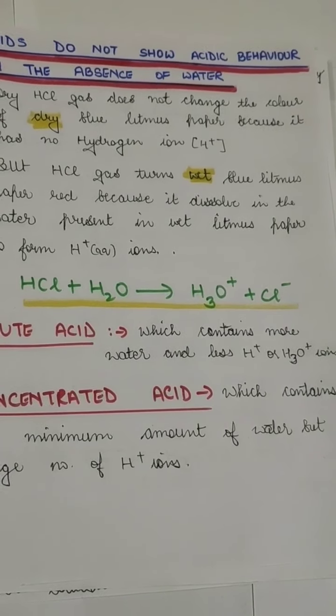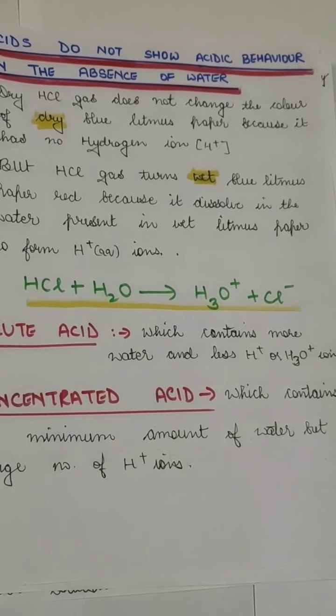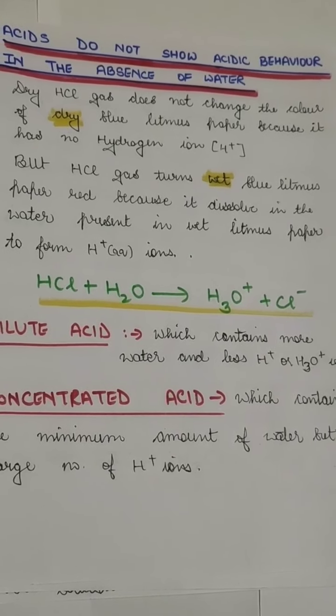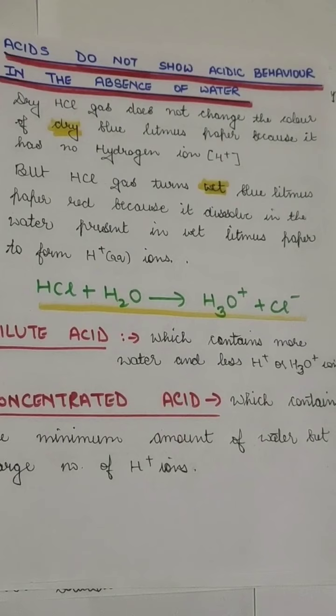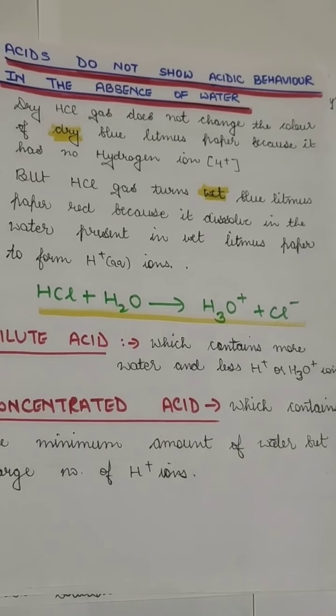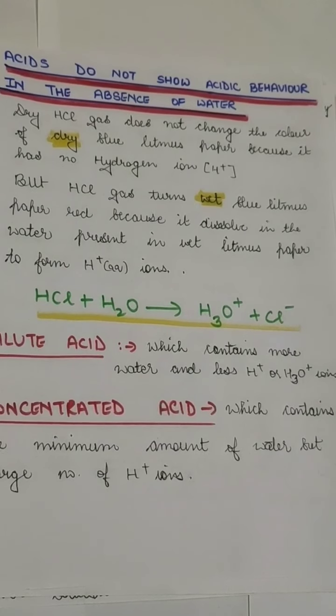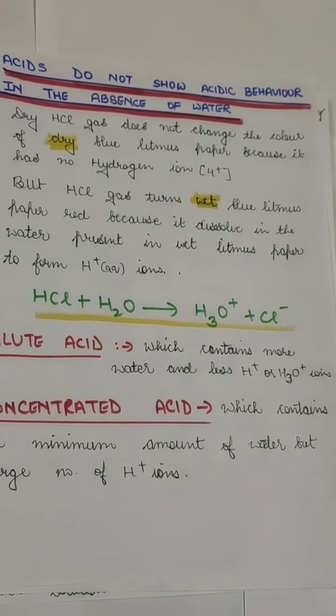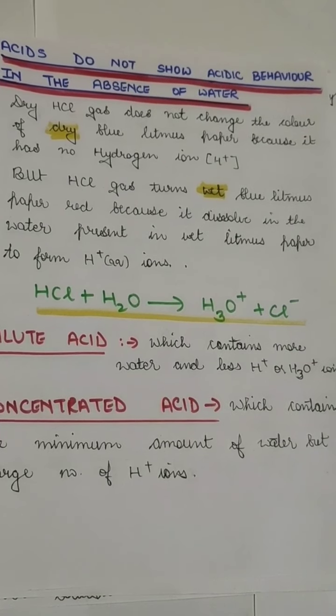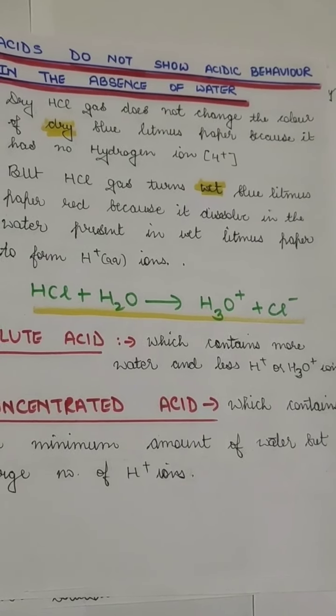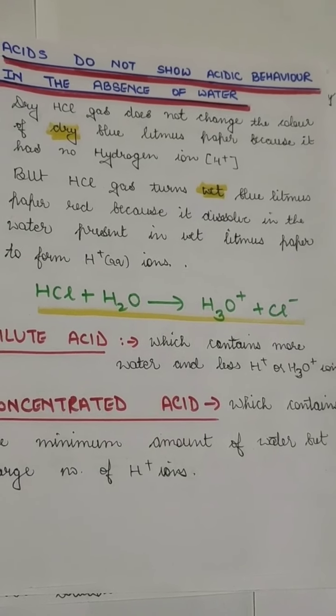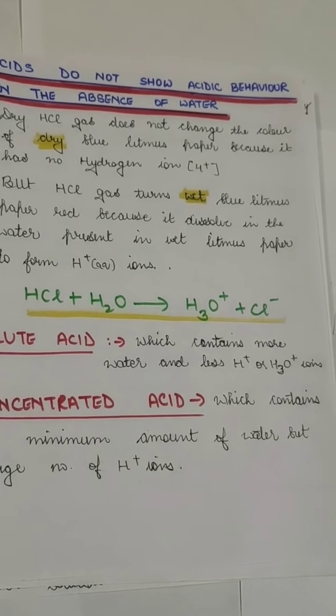First of all, the gas which comes out will be HCl gas, because when we react sodium chloride with sulfuric acid, it produces hydrogen chloride gas. But that is a gas. So when we bring HCl gas in front of blue litmus paper, it won't change color. That means there is no release of hydrogen ions.